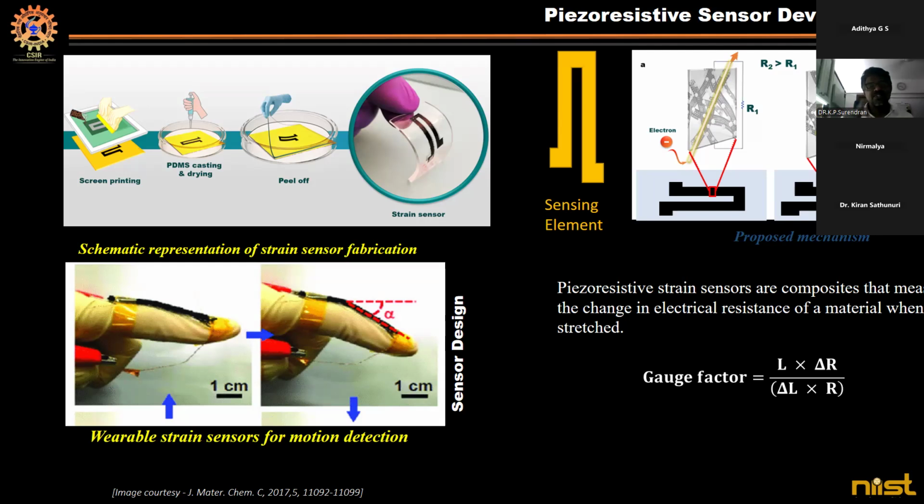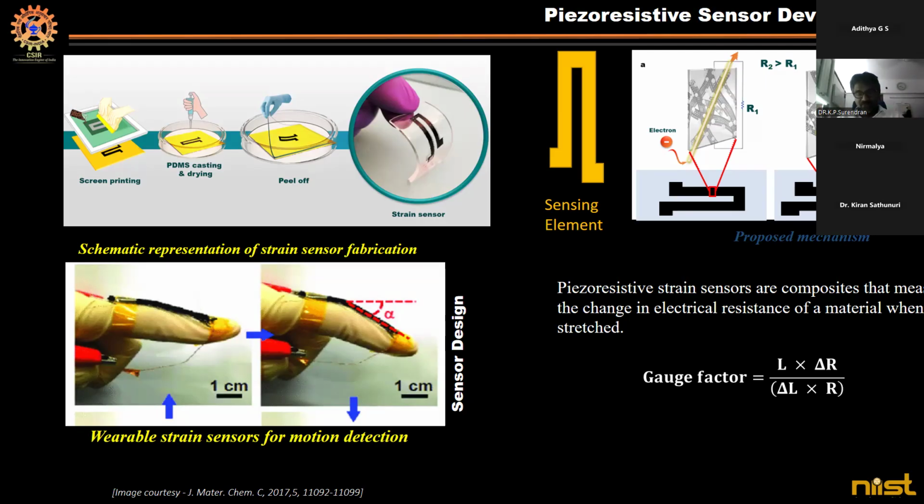This strain sensor is finally realized on an elastomer, and when you bend that elastomeric sensor, it shows differential electrical conductivity. When it is bent a little, it shows an increase in resistance. When it is bent a little more, it shows a further increase in resistance.